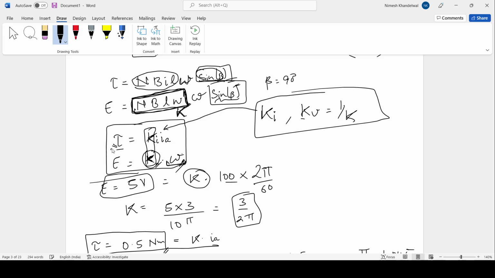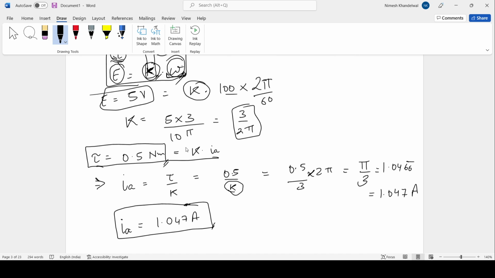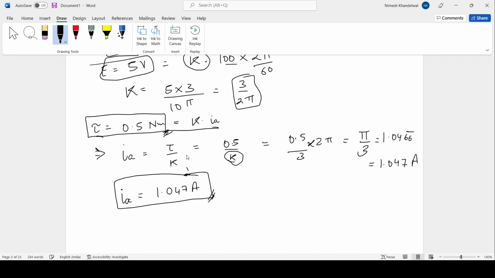One relates our torque and the armature current, and one relates our back EMF and the angular velocity. And using these two relations, we have calculated the armature current for which the torque is whatever is specified.